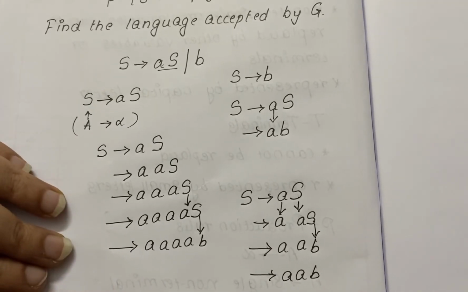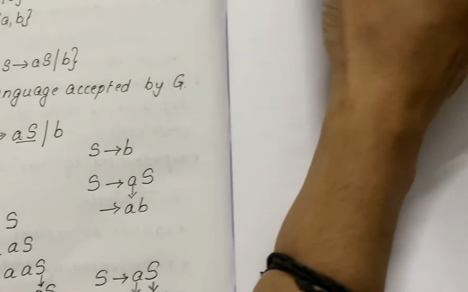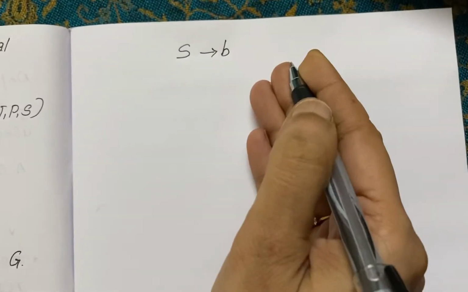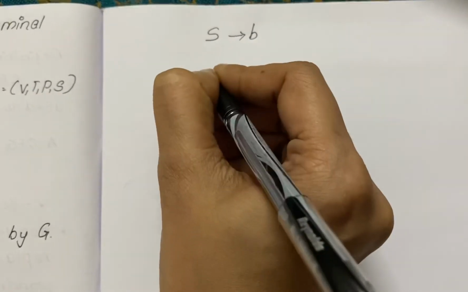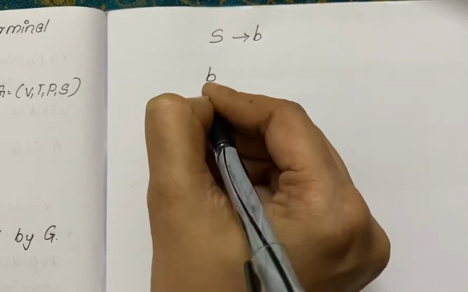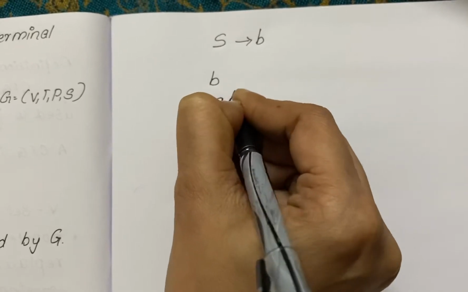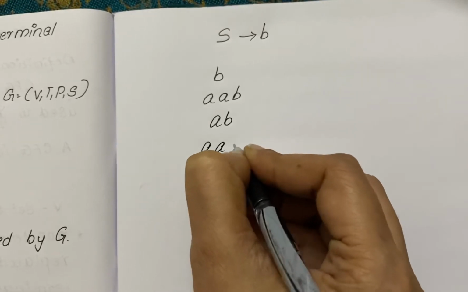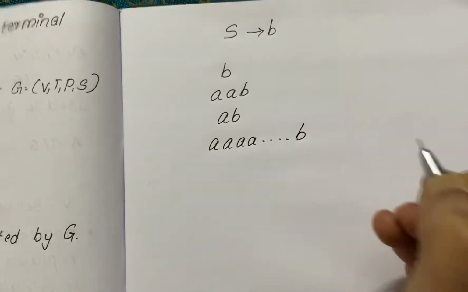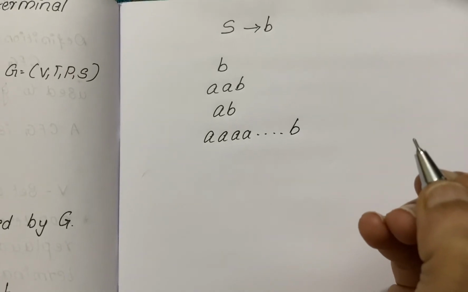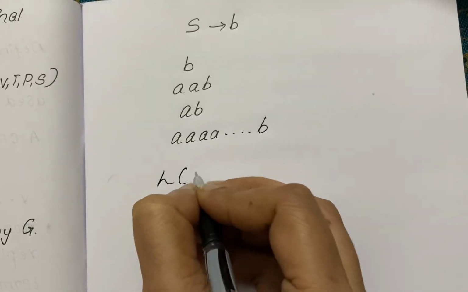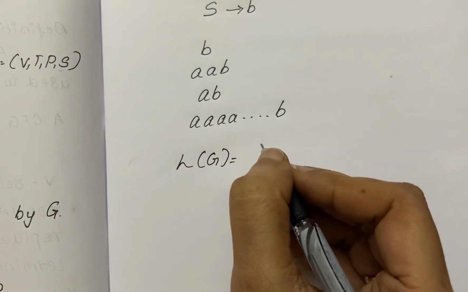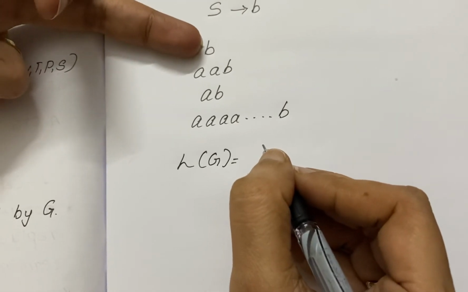Any number of A's, or it can be without an A, because you just see here S implies B. Here there is no A. So you can have a language which has only B, and you can have a language with two A's, one A and B, and any number of A's and B. So generally when we are writing, we will represent it as L of G is equal to any number of A's including epsilon. Means no A, there is a condition where we don't have any A.